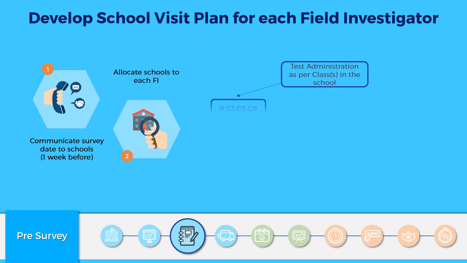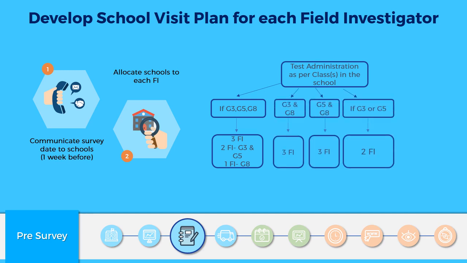If in the list, a sample school has 3 classes to be tested, that is grades 3, 5 and 8, then allot 3 FIs, out of which 2 FIs will support grades 3 and 5 and 1 will support grade 8. If the sample school has 2 classes to be tested, grades 3 and 5, then allot 2 FIs. If it is grades 3 and 8 or grades 5 and 8, then allot 3 FIs.